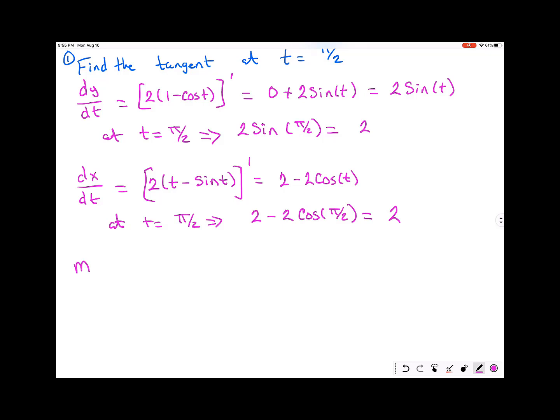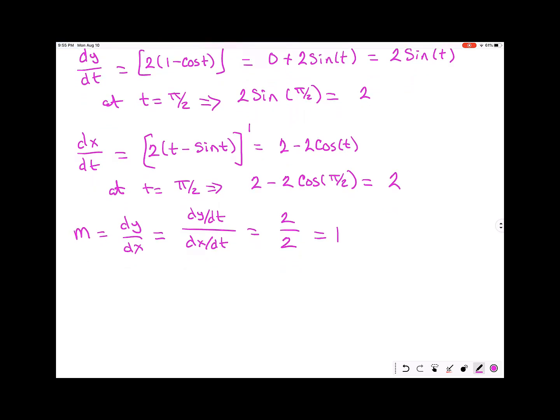And so the slope of the tangent line, or this m, dy/dx, if we wrote it as an equation in Cartesian form, would be equal to dy/dt divided by dx/dt, and that would be 2 over 2, which is equal to 1. So we have the slope, and if we wanted to write it in point-slope form, we need a point.